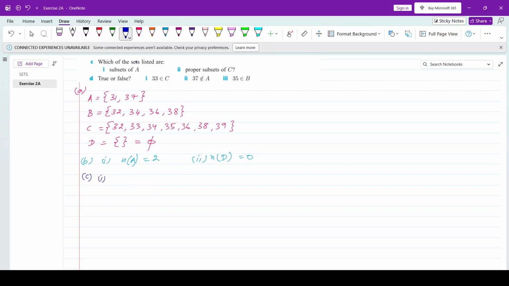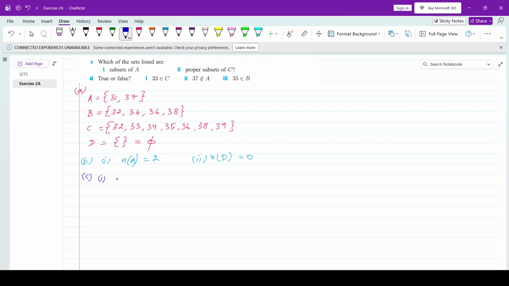Part 1. Which of the sets listed are subsets of A? So we have to check which of all of these sets are subsets of A. Let's take D. D is an empty set. D will be a subset of all of the sets.